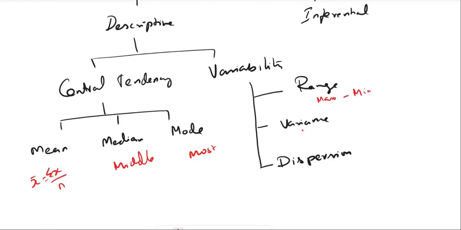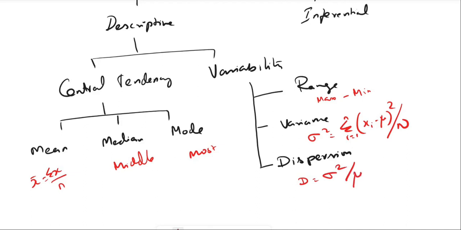Variance describes how much a random variable differs from the expected value, calculated as the summation of the squares of deviation, from i equals 1 to n, of x of i minus the mean, the whole square, divided by the n observations. Dispersion is usually defined as the ratio of the variance to the mean.